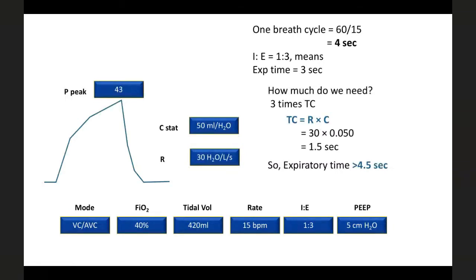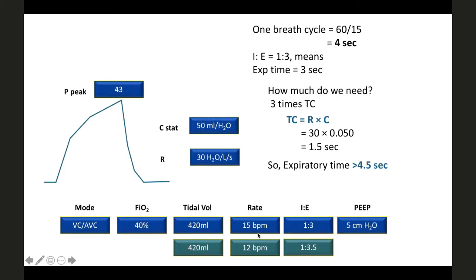So expiratory time should be 3 times 1.5, that is at least 4.5 seconds, which is not met with these settings. Do you agree? So what I'll do is, I'll keep the same tidal volume, reduce the ventilatory rate to 12 and increase the I:E ratio further to 1:3.5.